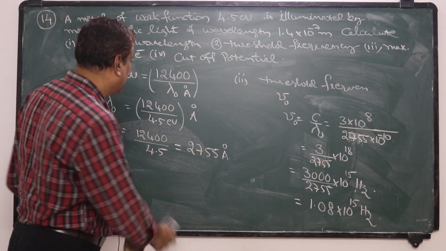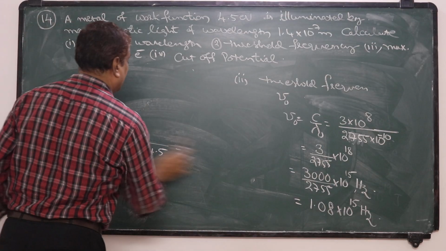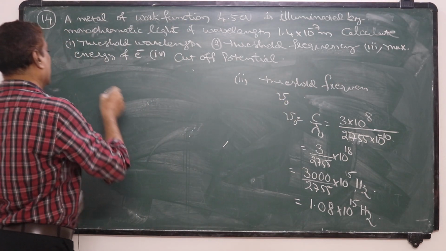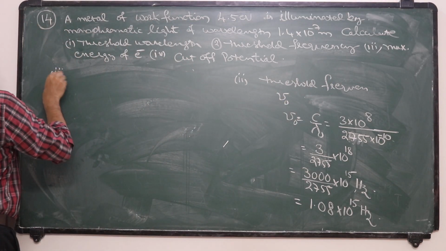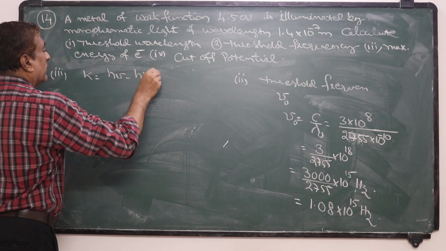Okay, now the third one is maximum energy of electrons. That is, maximum kinetic energy of the electrons is equal to h nu minus h nu naught.